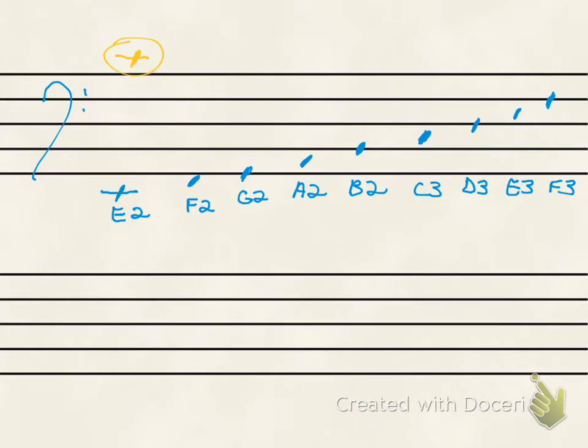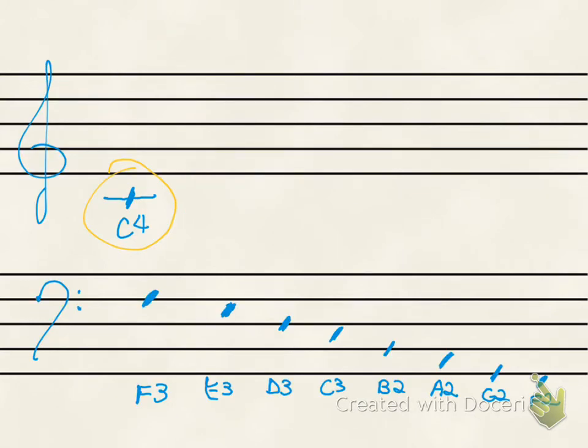So this is also C4. In other words, C4 one line below the treble clef is the same thing as writing one ledger line above the bass clef. So both of these are C4.